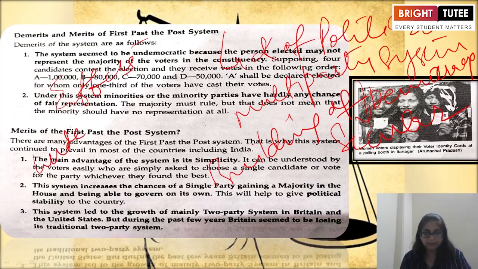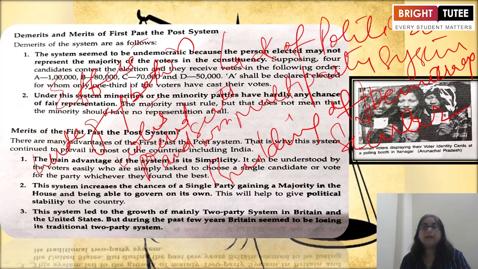Wide gap between votes polled and seats won. The main problem with the Indian election is that often the elected candidates poll fewer votes than the opposition candidates or parties.